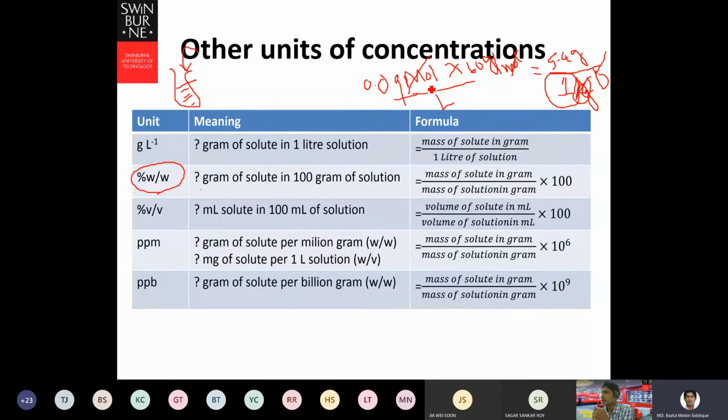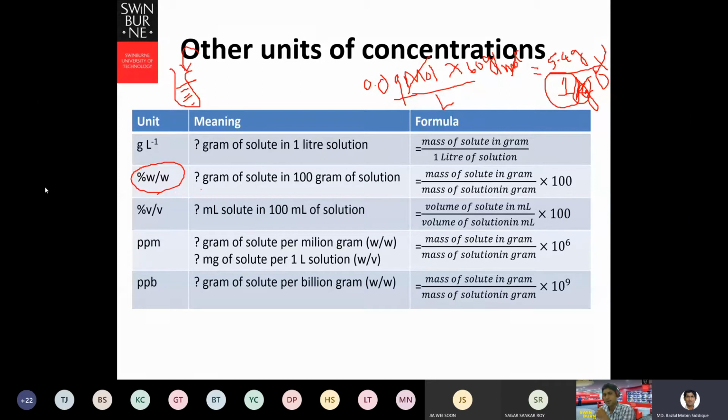Then we multiply by 100, so that we find the concentration or percentage, weight by weight percent. This is how we find the weight by weight percent.